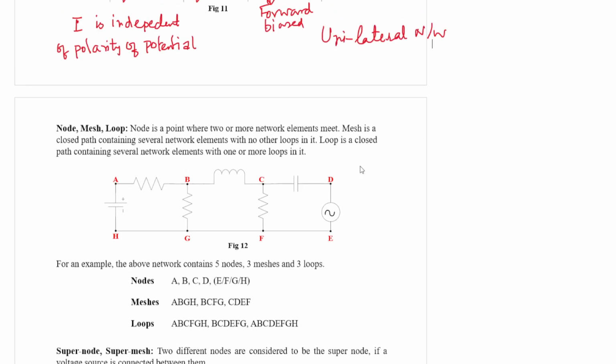Now the next term is called node, mesh, and loop. If you consider this network, what is a node? A node is a point where several elements meet. Let us say A is a node, B is a node, C is a node. In this way, all these are nodes.